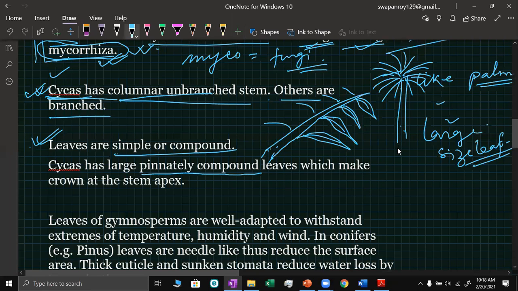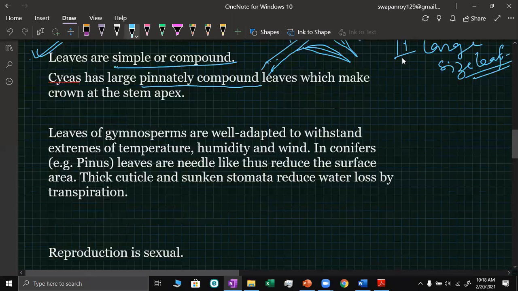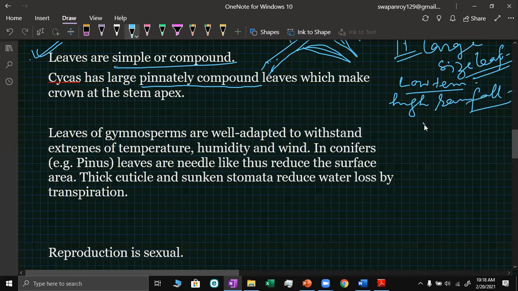Most of the gymnosperms grow in low temperature areas, where rainfall is moderately high, in hilly areas, in the hills.